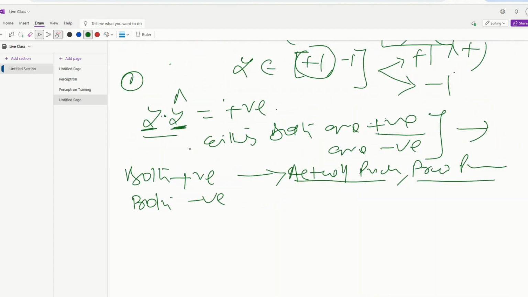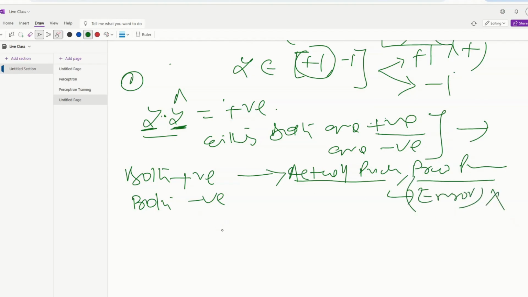I have two cases, either both are positive or both are negative. Suppose both are positive. That is when y is actually a purchase case, and y prediction is also saying it is a purchase case. So there is no error, right? This is the right fit, no misclassification, no error.